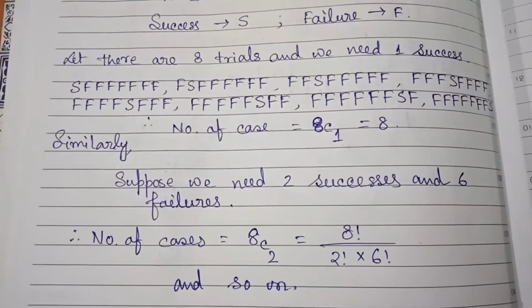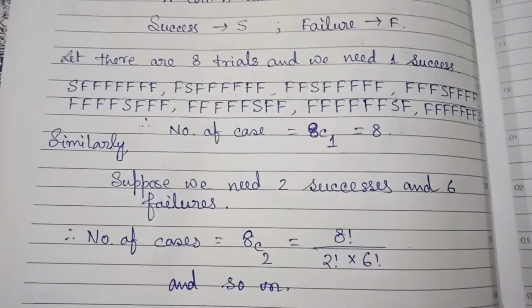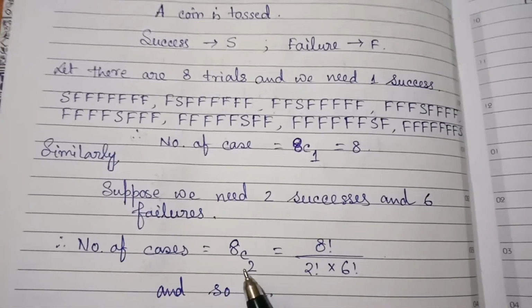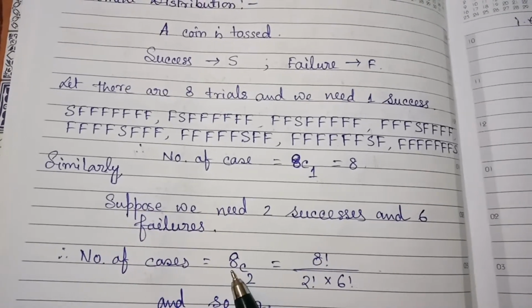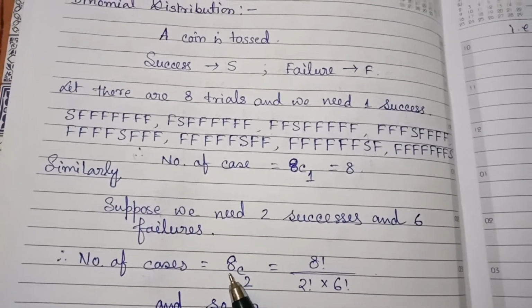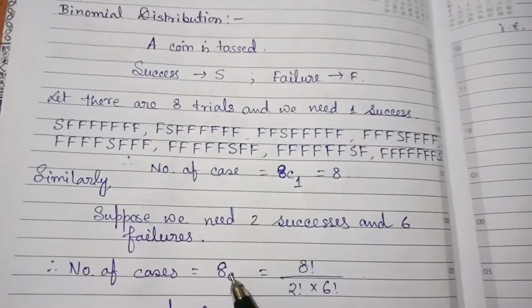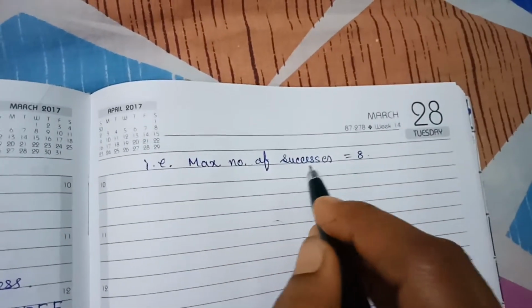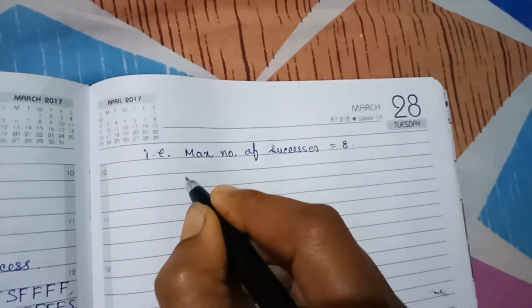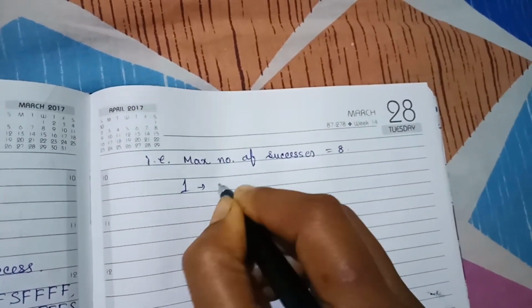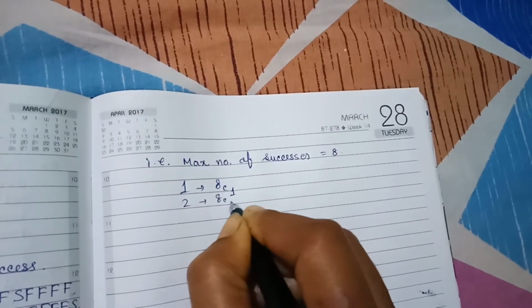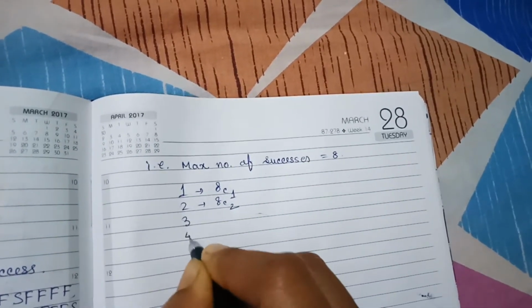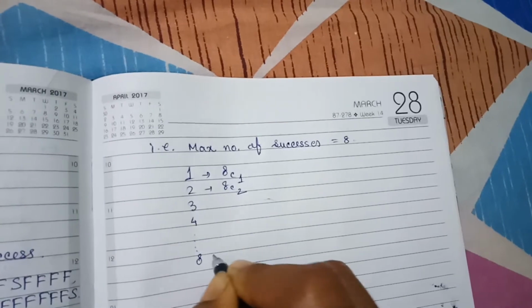Okay. So we can say that this can go up to a maximum of 8 successes. That means in 8 trials, maximum 8 successes. So max number of successes can be 8. Now look, for 1 success we have got 8C1, for 2 successes we have got 8C2, 3 successes, 4 successes and so on, 8 successes.